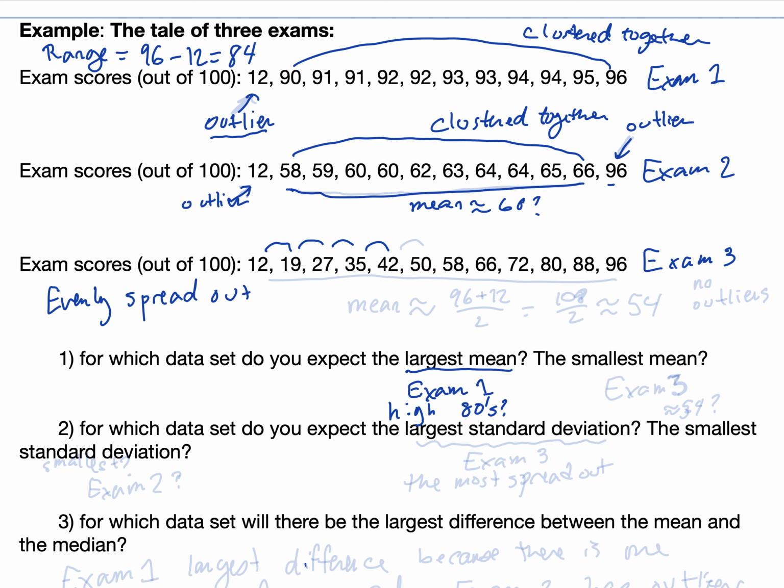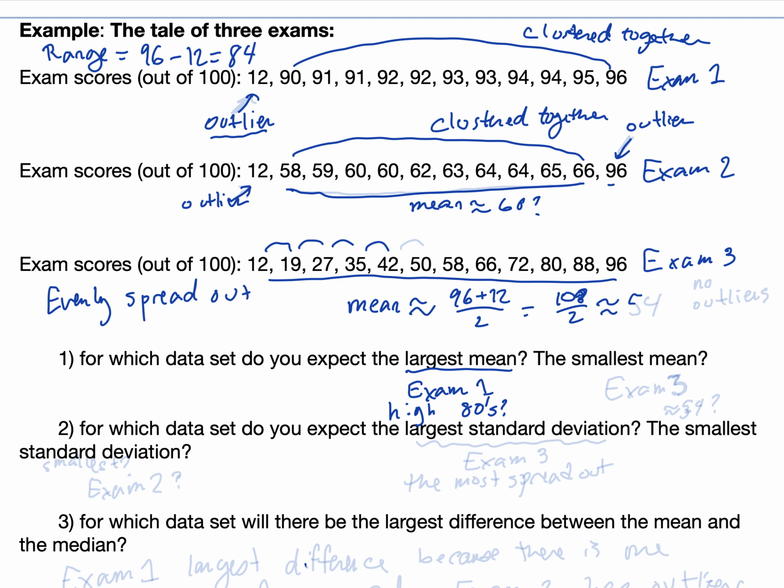And for exam 3, we have a really even distribution between 12 and 96. We might expect the mean to be about the average of 96 and 12, so 96 plus 12 over 2, which is 108 over 2.